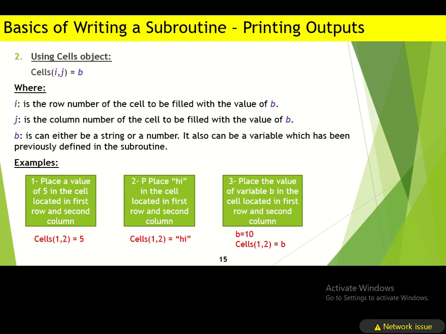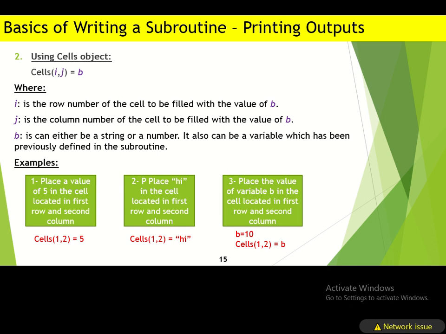In the second one, first row, second column, 1 for the first row, 2 for the second column, which is B, so B1 will become Cells 1, 2 here. Got it?